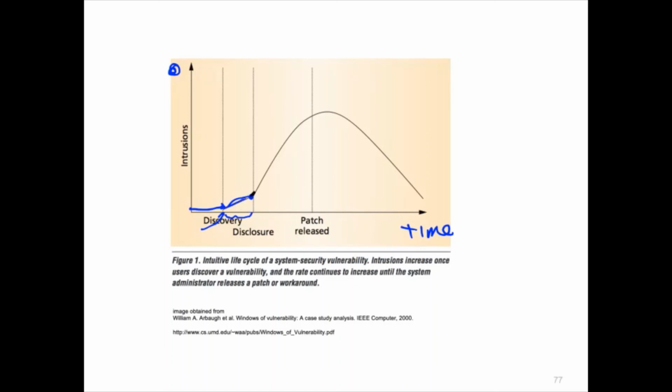Because when it's disclosed, more people will know about the vulnerability, and of course you have more intrusions. Then when the patch is released, it goes up again because not every machine is patched immediately, and then it goes down after it has been patched. So this is a typical life cycle of the number of intrusions.